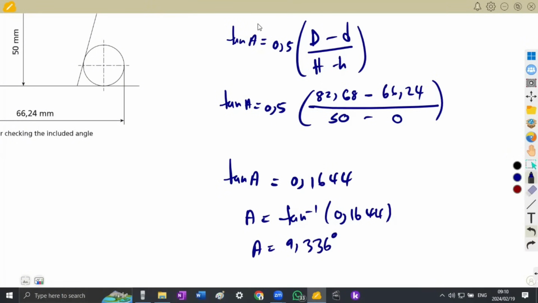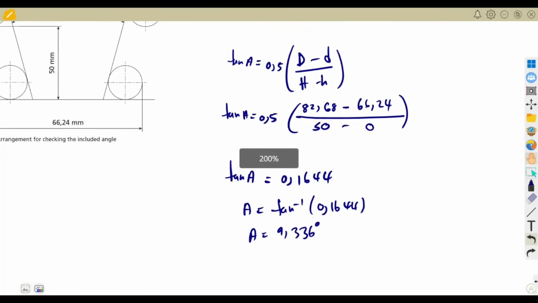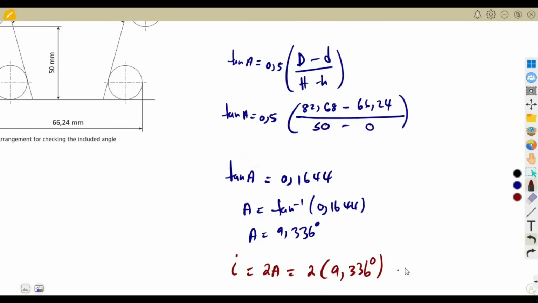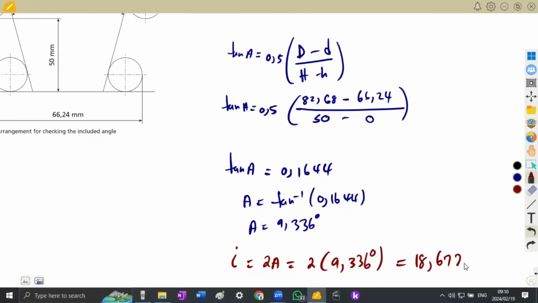So A is 9.336 degrees. From the angle A that we have obtained, we are now going to determine the included angle. The included angle is going to be twice that. We use I to represent the included angle. So that is 2 times 9.336 degrees, which gives us 18.672 degrees.